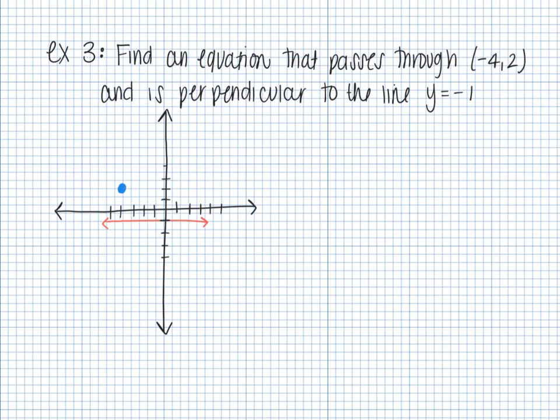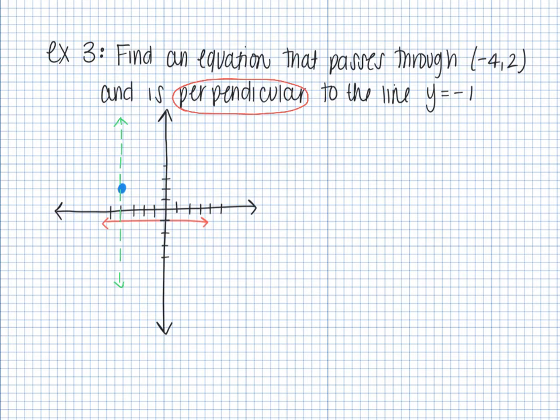All right, next one, find an equation that passes through the point negative 4, 2 and is perpendicular to the line y equals negative 1. So this time they gave me a picture, so I don't have to draw it, and they told me that I want to be perpendicular to the line given. So there's my line, y equals negative 1. Well, perpendicular lines would have to cross at a 90-degree angle, so if I can fill in that line, well, that line is perpendicular to y equals negative 1 and also passes through the point negative 4, 2.